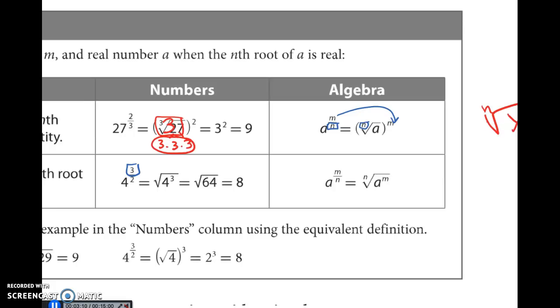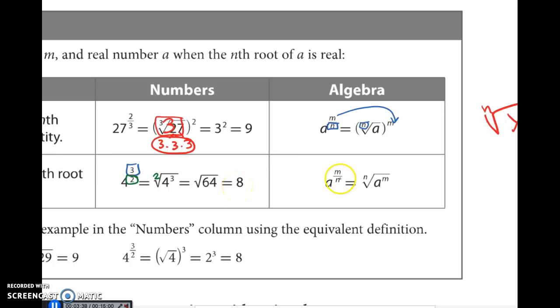Here we have an index of 2, which is why there's nothing written, because the square root has an implied 2. And that numerator 3 can go on the inside or on the outside. If you put it on the inside, you have 4 to the third power, which is 64, because 4 times 4 times 4 is 64. And then the square root of 64 is 8.